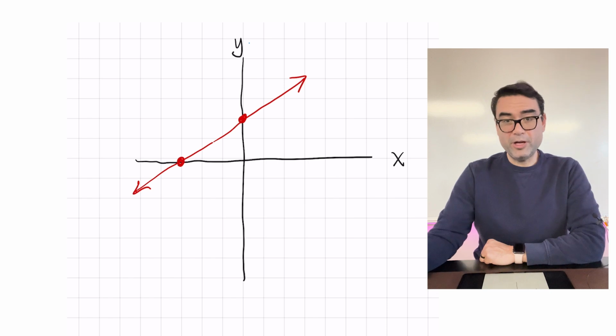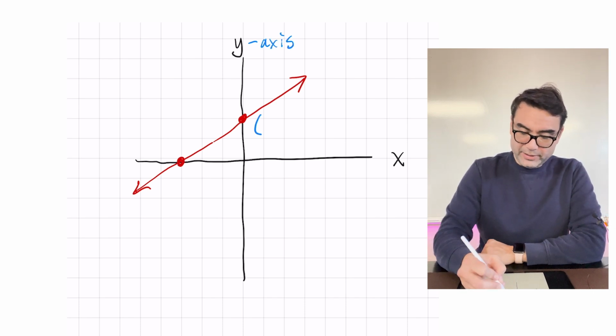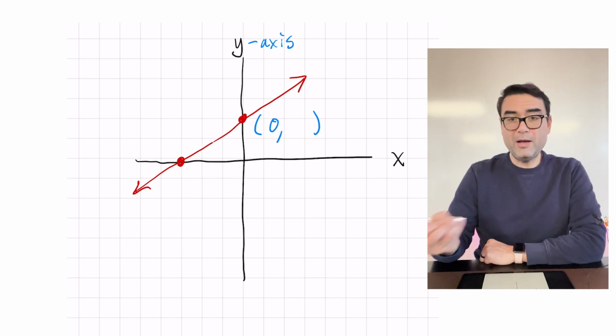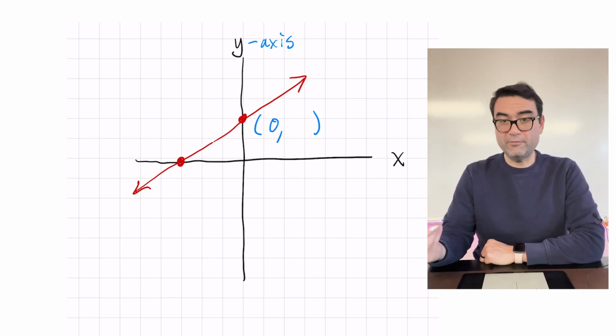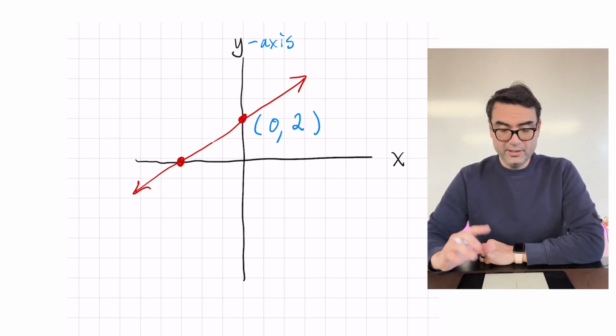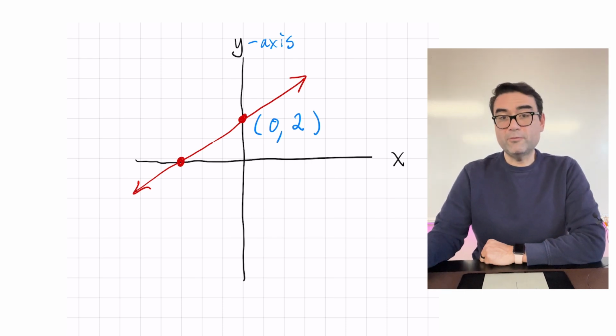Whenever your equation, line or anything else, crosses the y-axis, your point is always of the form 0, comma, the y value at which it crosses the y-axis. So in this case, this would be 0, 2. So that would be known as the y-intercept, 0, 2.